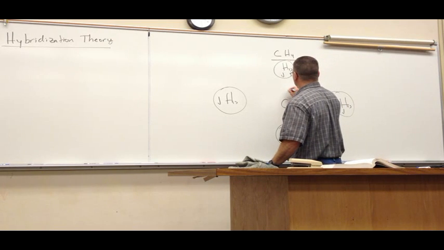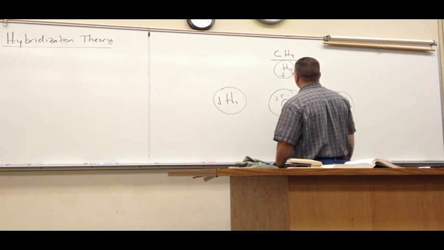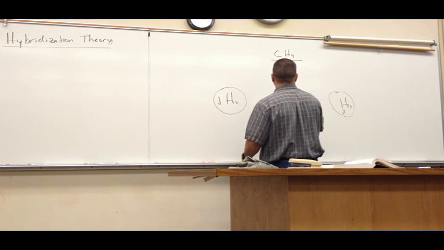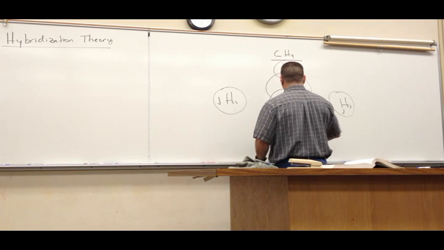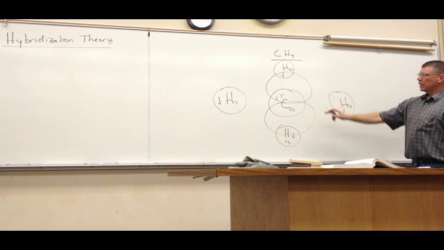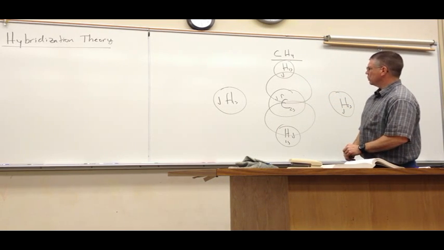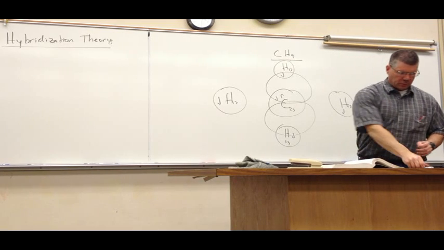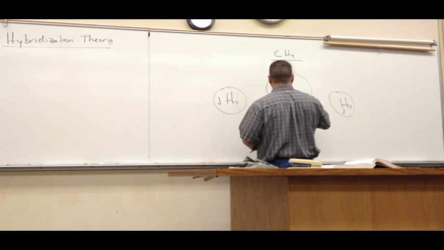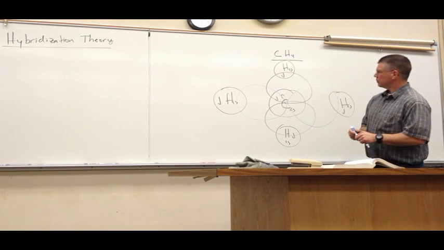There's a 2s, which has 2 electrons, and it has 3 2p orbitals. So you kind of have to watch as I draw this. It gets kind of complicated. That's one of the 2p's. That would be another 2p.